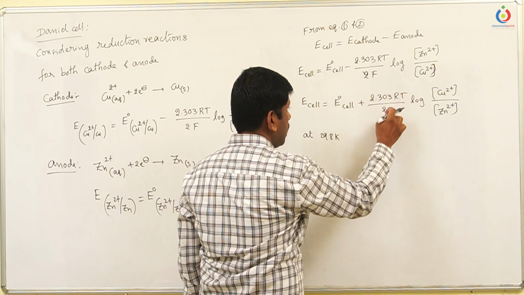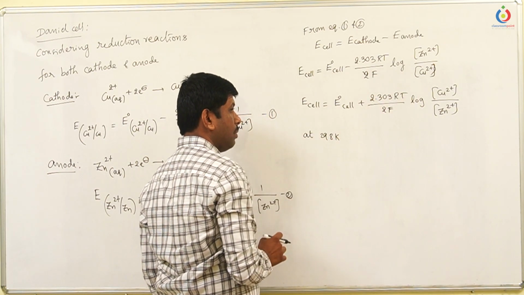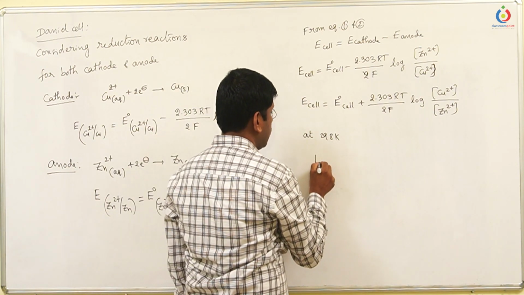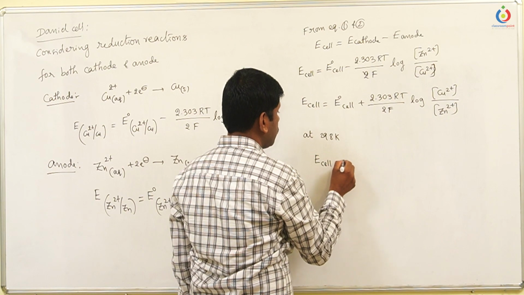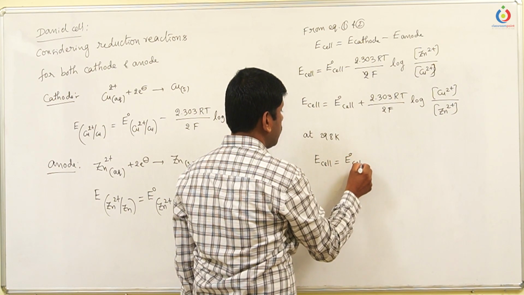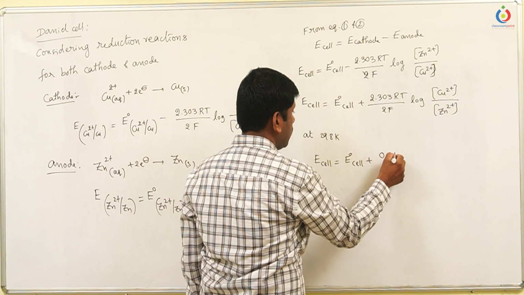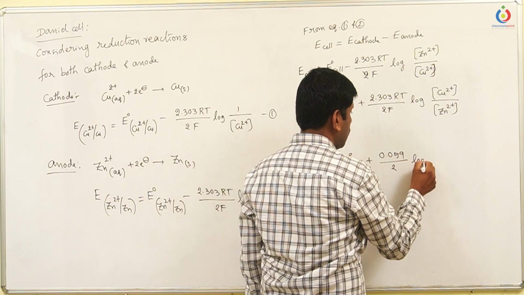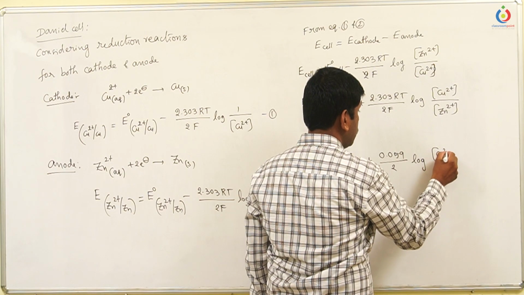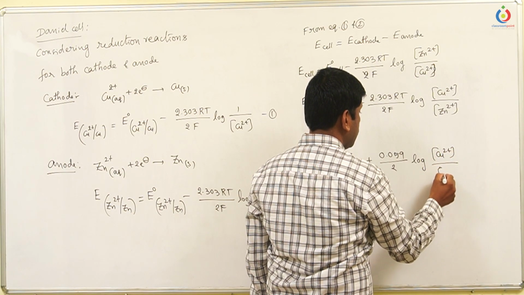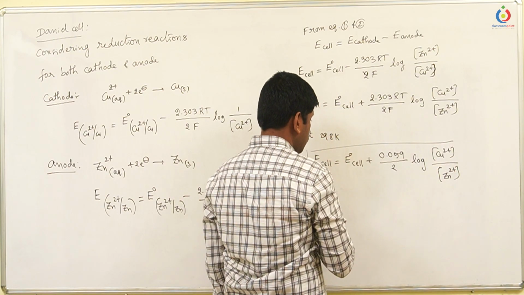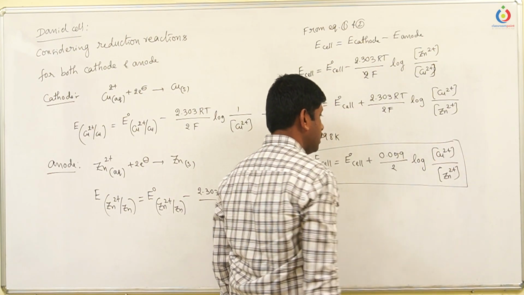At 298 kelvins this entire factor becomes 0.059, where the 2 remains the same. So E cell equals E naught cell plus 0.059 by 2 into log concentration of Cu2 plus divided by concentration of Zn2 plus. This is the equation for the Daniell cell.